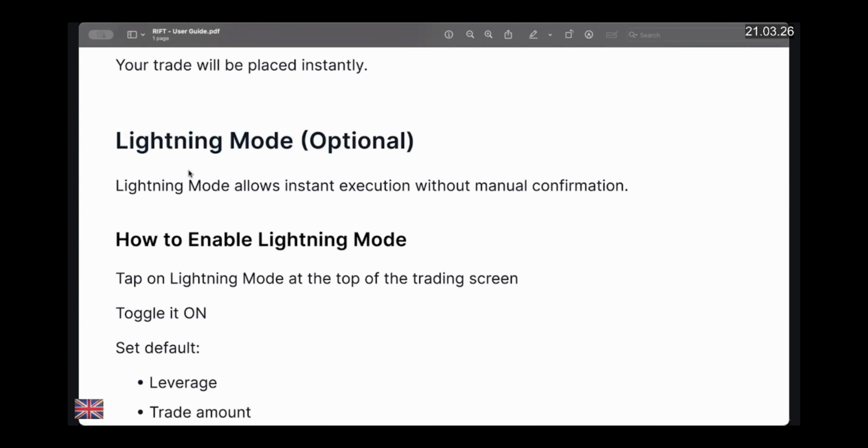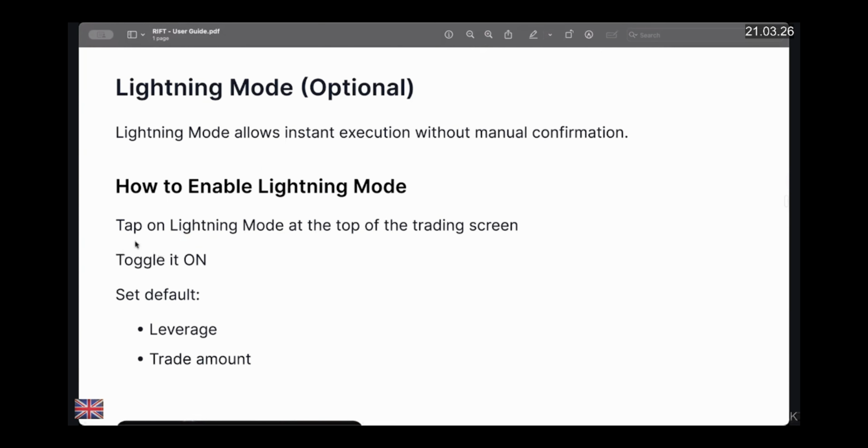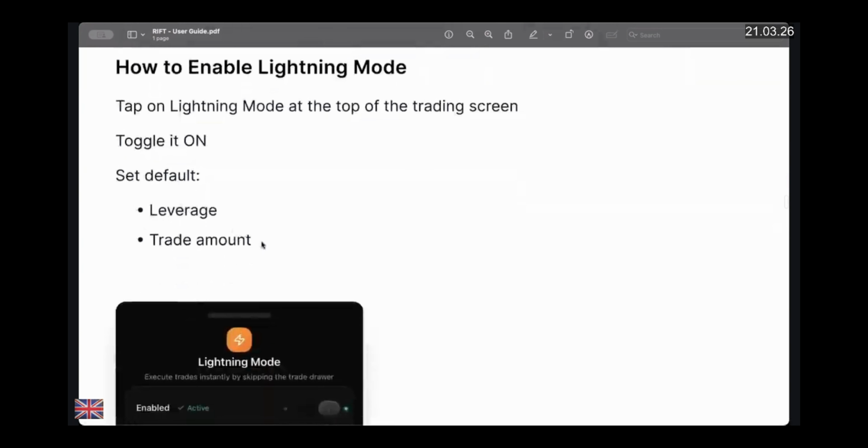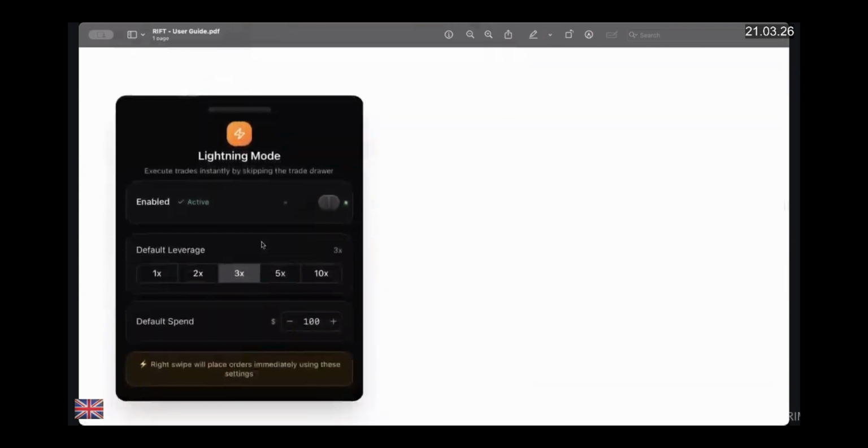Then there is lightning mode, which is totally optional. If you want instant execution of trades without manual confirmation, then you must go for lightning mode. How you enable it: you toggle it on and you set a default leverage and trade amount, so that all the trades that you execute with lightning mode are executed with the same amount and the same leverage, uniformly.